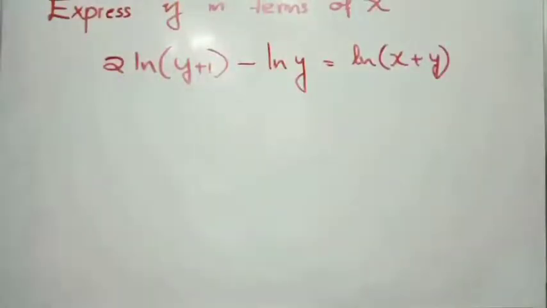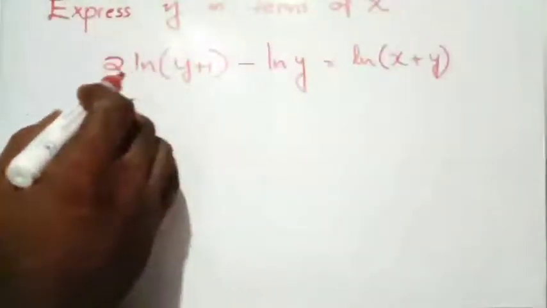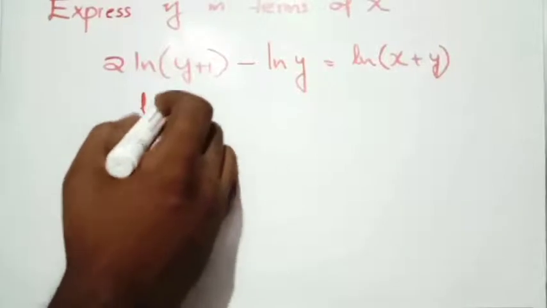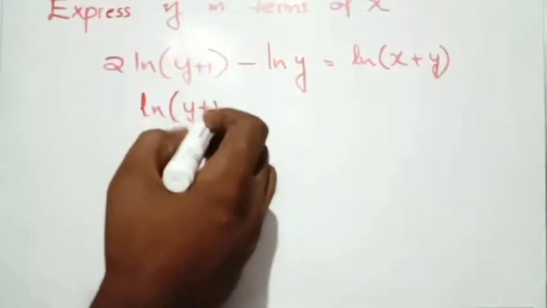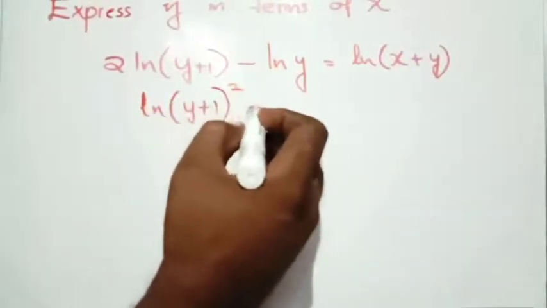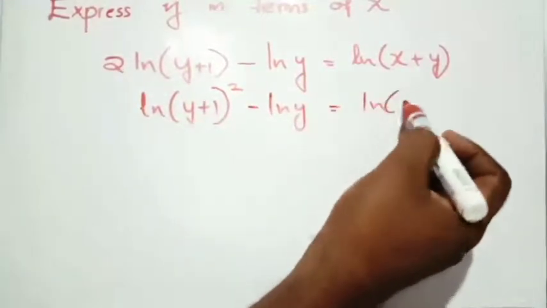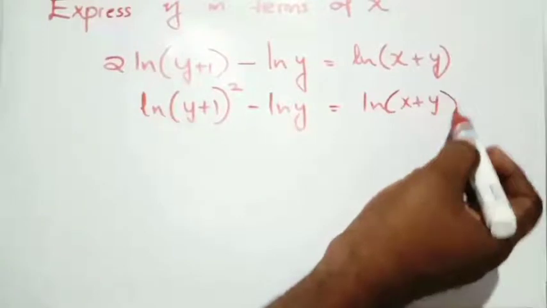Express y in terms of x. 2 log (y plus 1) minus log y is equal to log (x plus y). So this is also same as what we have done till now. Work is very simple. Let's use the rule here. We get log (y plus 1) the whole squared minus log y is equal to log (x plus y).